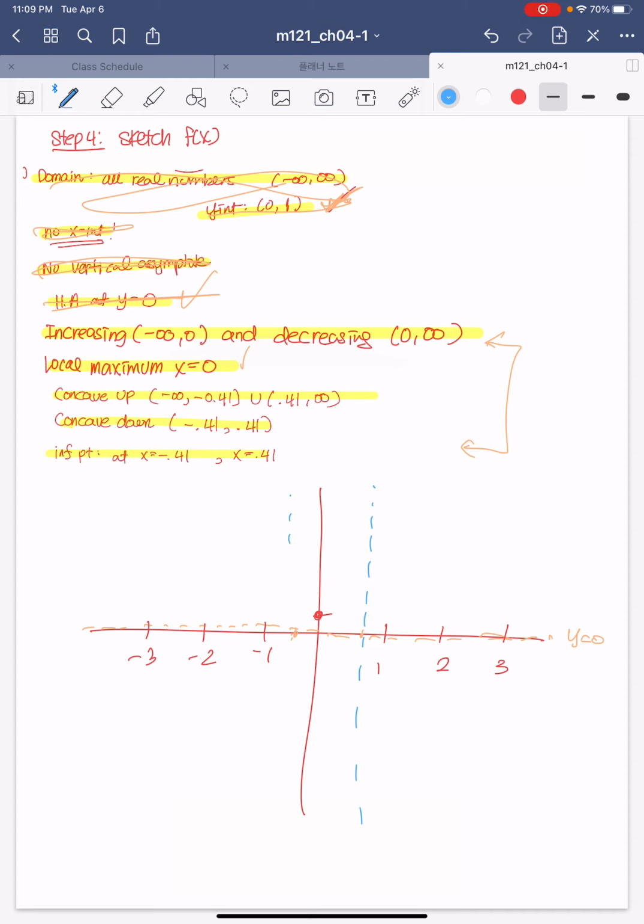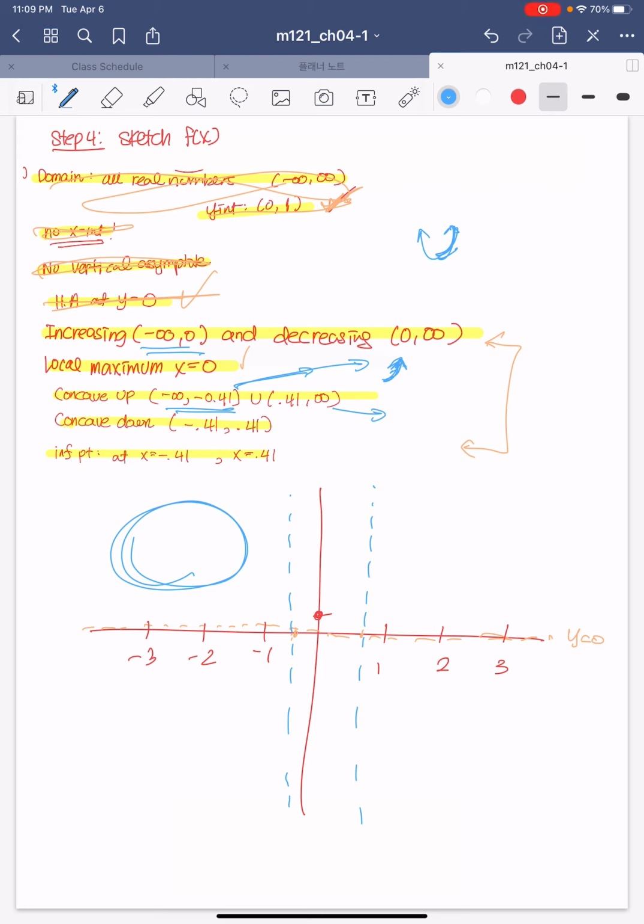I want to partition it into 3 sections. Because remember, in this section right over here, we have a concave up, and take a look at this all the way up to 0. We have an increasing, so this part, which is region 1, is concave up and increasing. So I should have some kind of this picture in region 1.